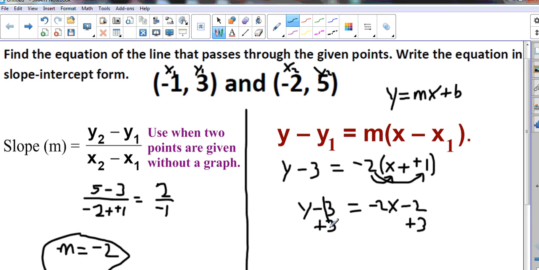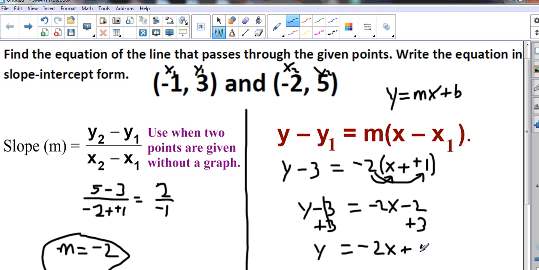So the 3's cancel. Y comes down. Equal sign comes down. The -2x comes down. And now that you have -2 and a positive 3, and -2 plus 3, that is plus 1.